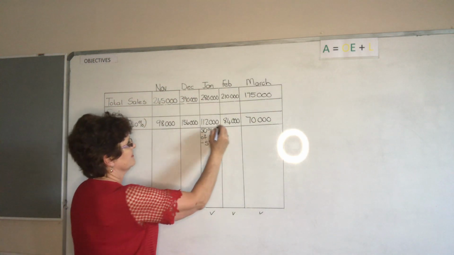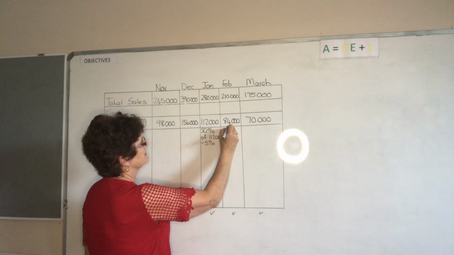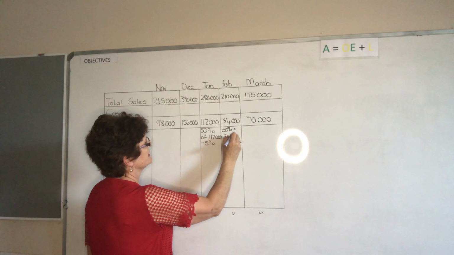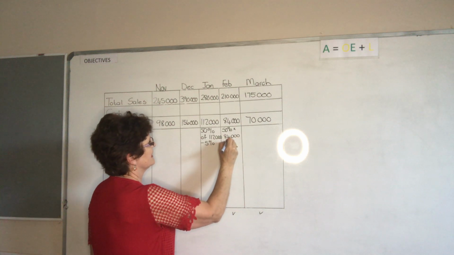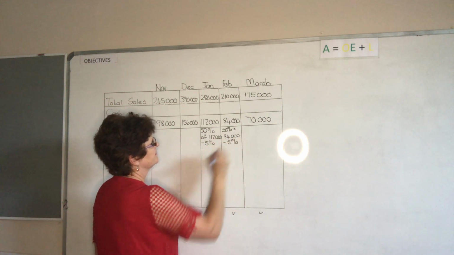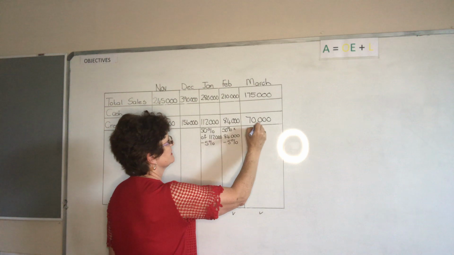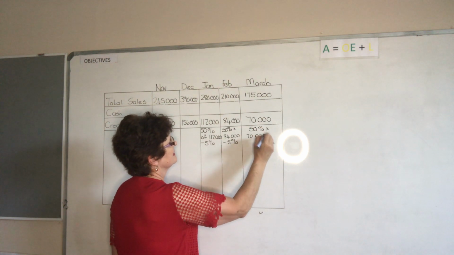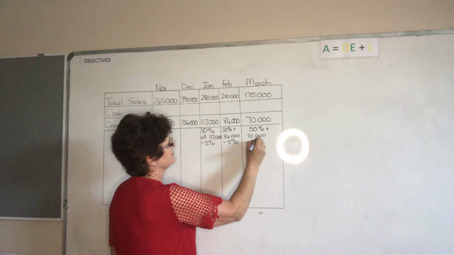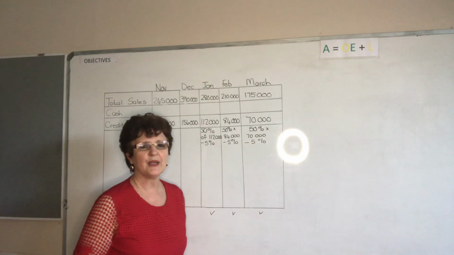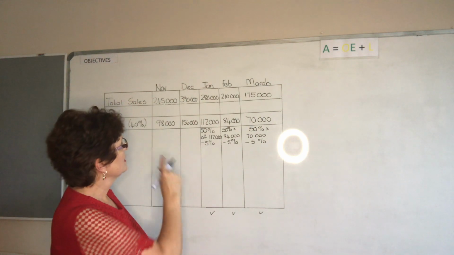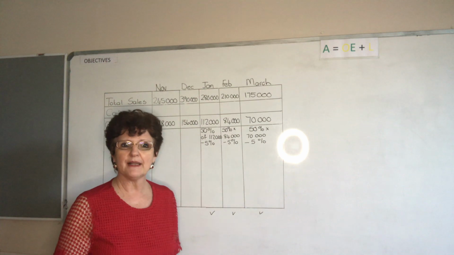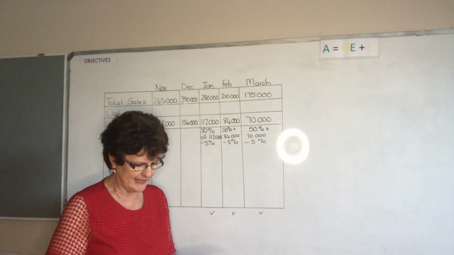It's going to be 50% of 84,000 and minus the 5%. And 50% of the 70,000, the answer, minus 5%. This is what I'm going to have to calculate for January, February and March for the 50% of the month that the sale took place in.